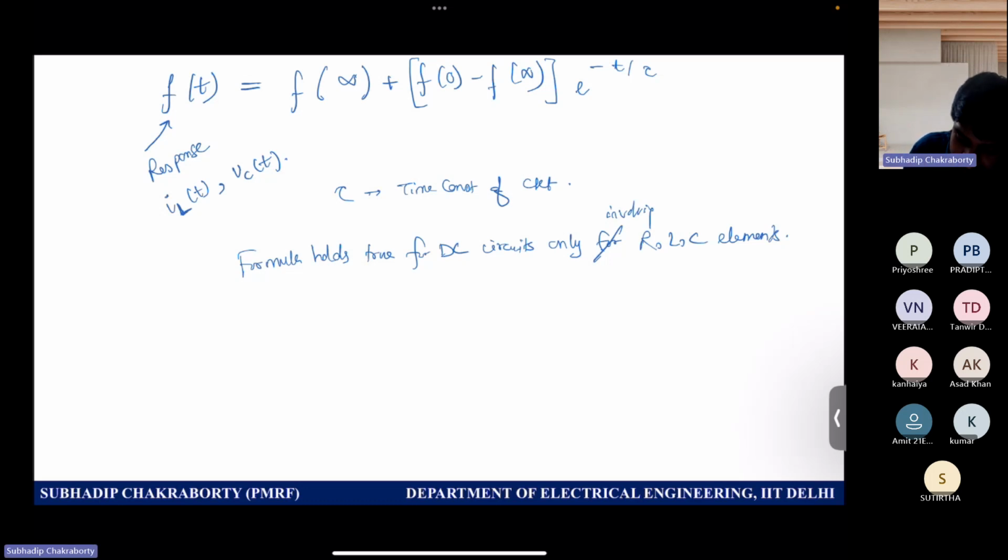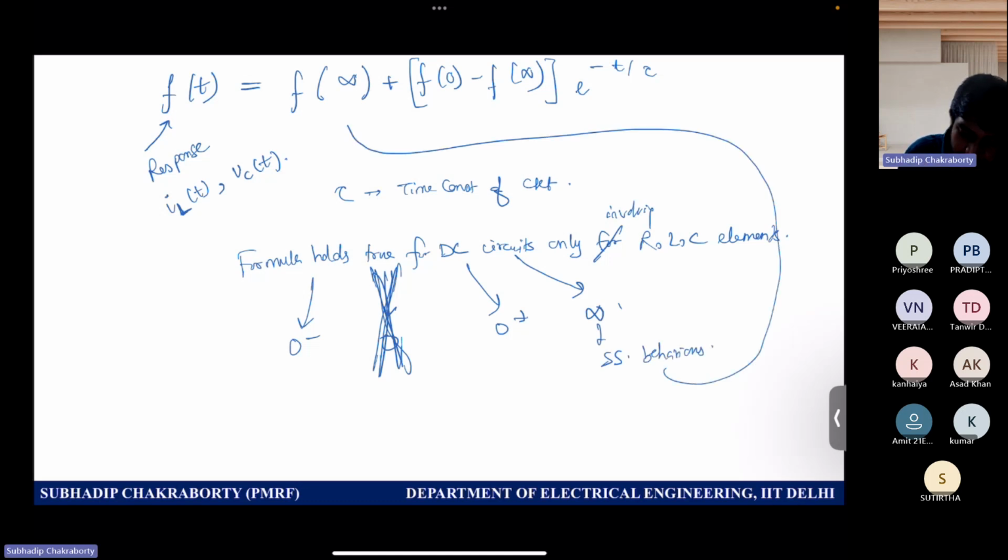So those 3 simple steps you need to follow. What 3 simple steps? 0 minus, 0, 0 plus. Obviously 0 you don't analyze. 0 minus, 0 plus and infinity. That is at steady state. The steady state behavior you need to analyze. Plug in the value here.